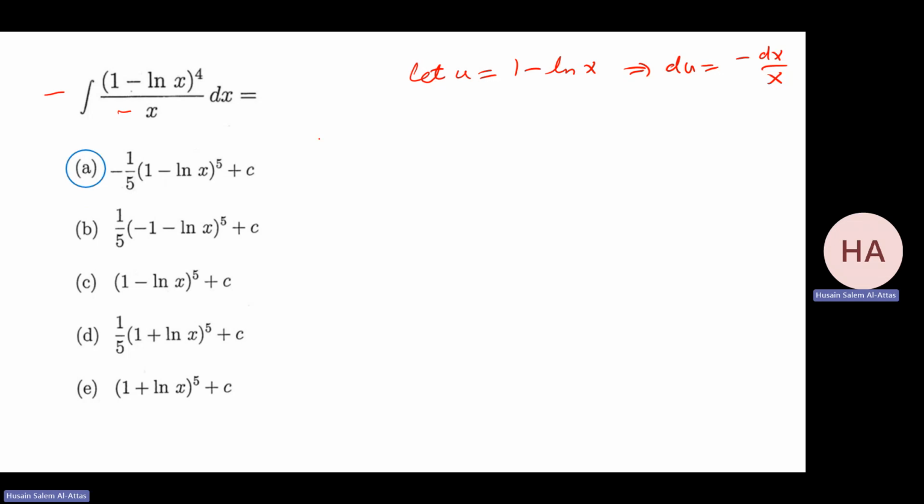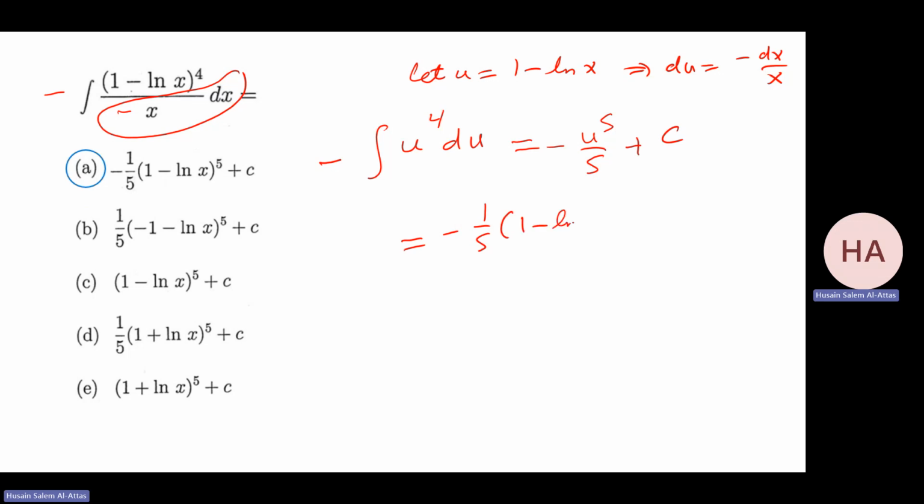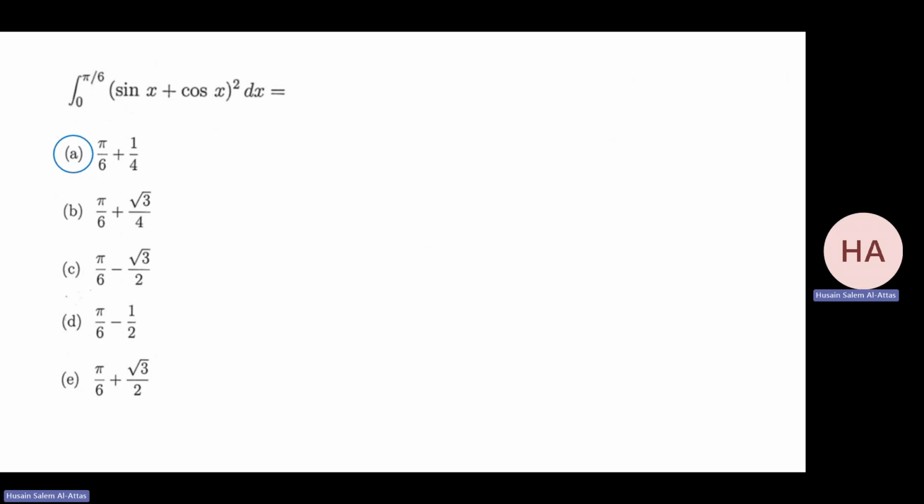So that gives me minus u to the power 4 du. This will be du with the minus sign. So that will be minus u to the power 5 over 5 plus c. So it will be minus 1 over 5 times u to the power 5, which is minus 1 over 5 times 1 minus ln x to the power 5. Let's see which is this. Yeah, not difficult.